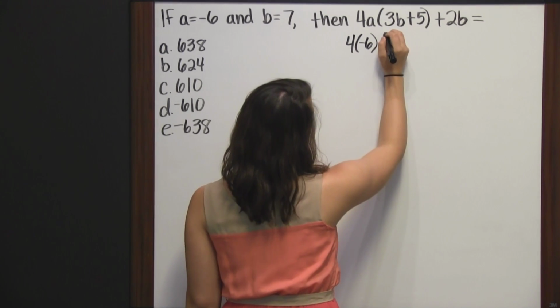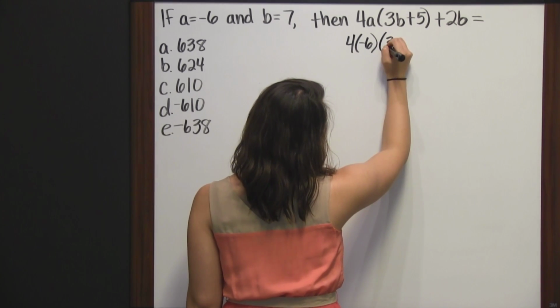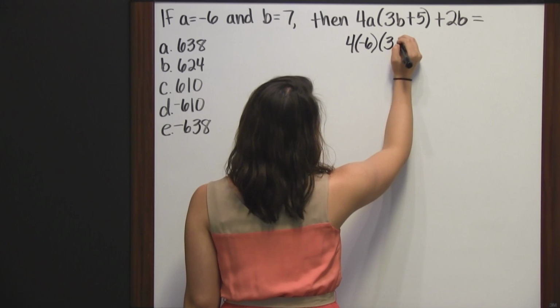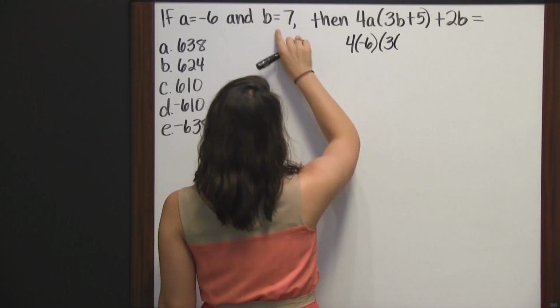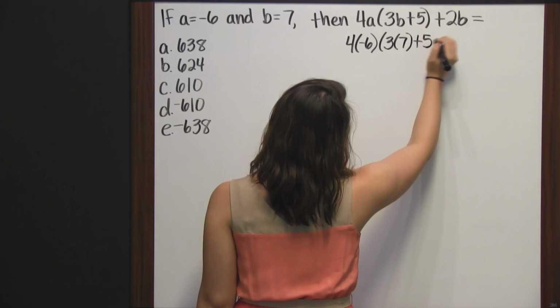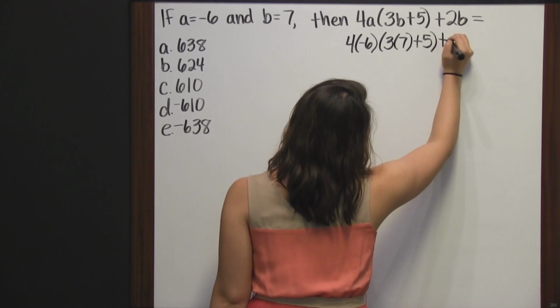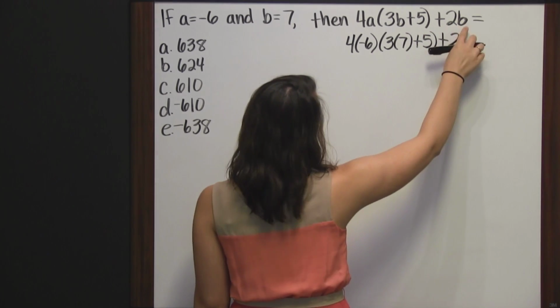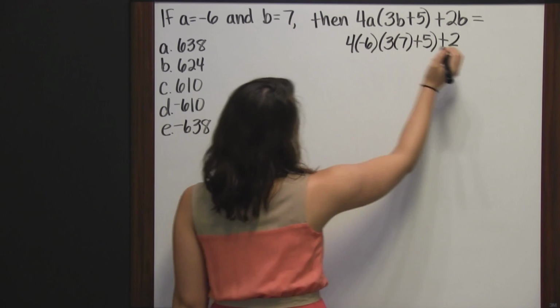So this is times the quantity, 3, again, times B. B is 7, plus 5, plus 2, again, times B, which is 7.